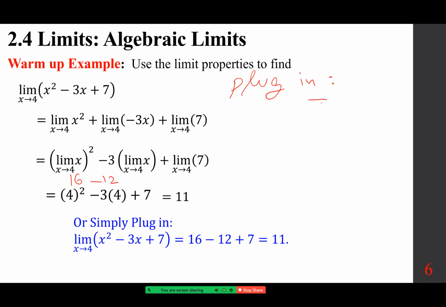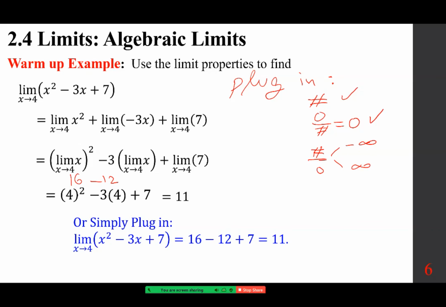If we get a number, any number, we are done. Zero over a number other than 0, the answer is 0, we are done. If there is some number over 0, we have to figure out if it's negative or positive infinity.